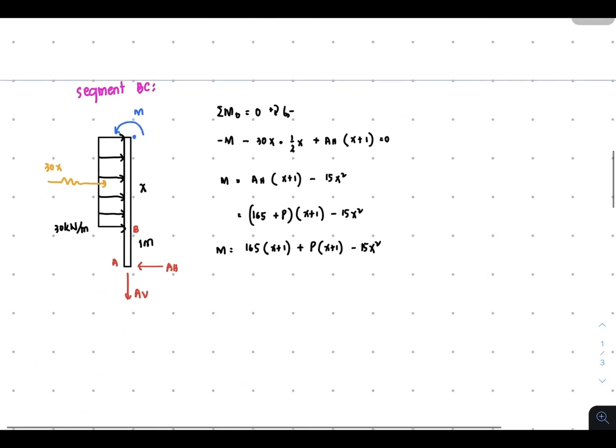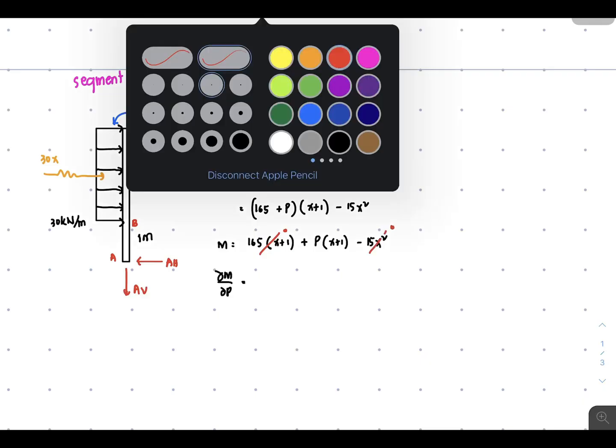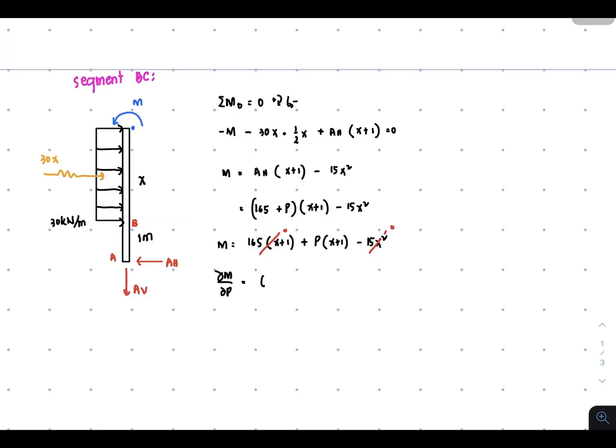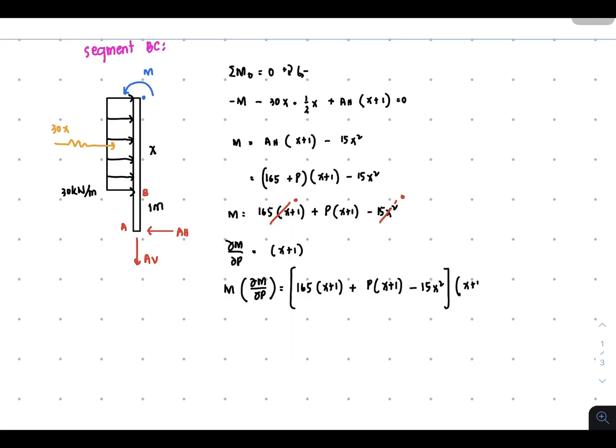And then let's get the partial derivative of M with respect to P. Temporarily, it can be 0 and this one. So therefore, you will have x plus 1 as the partial derivative. So we are going to get now the product of the two. So it's now 165 times x plus 1, plus P times x plus 1, minus 15x squared, times x plus 1.